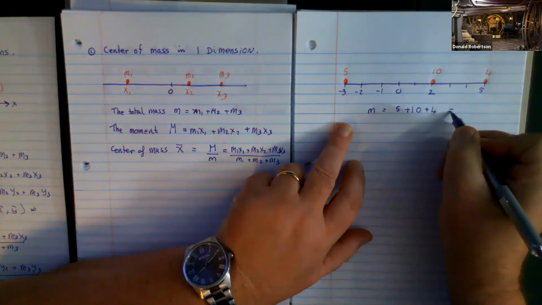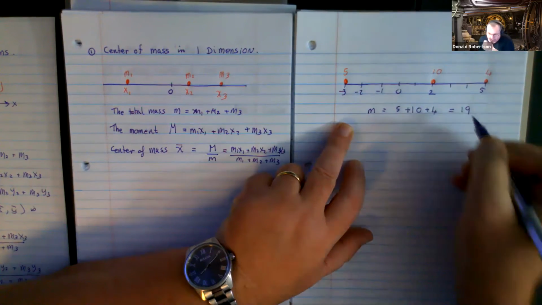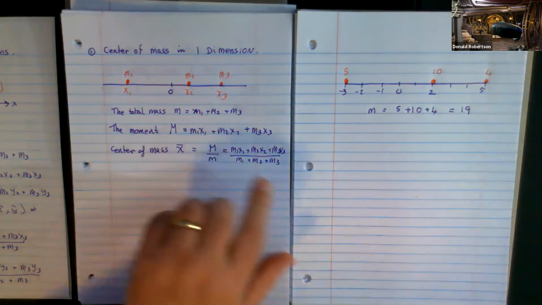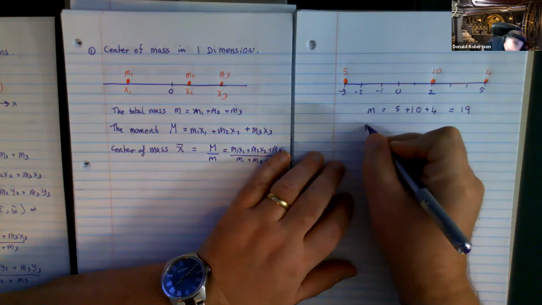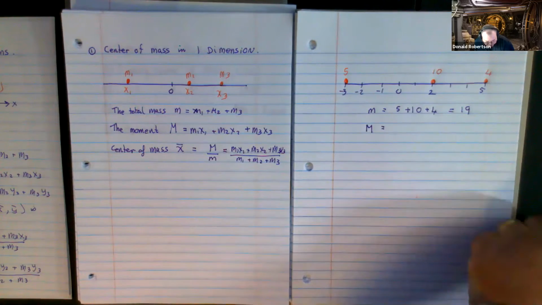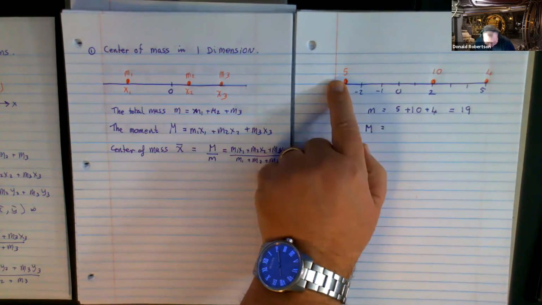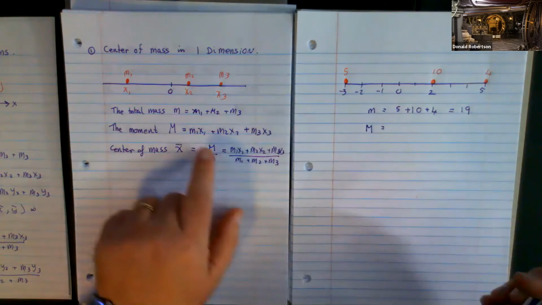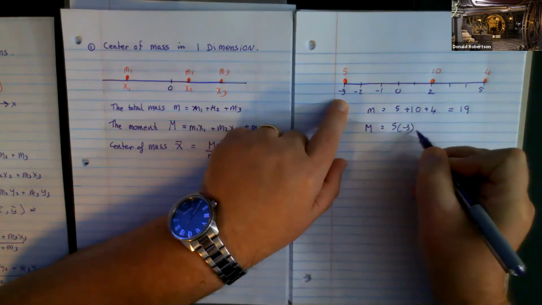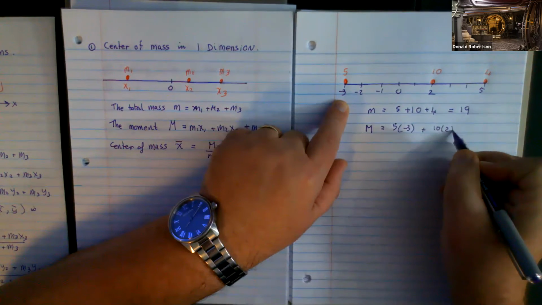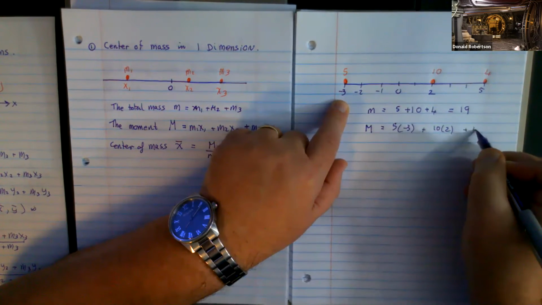Which I believe is 19. And then you get a thing called the moment, capital M. And the moment is the mass of the object times its position. So in this case, mass 1 is 5 times -3, 10 times 2, and 4 times 5.